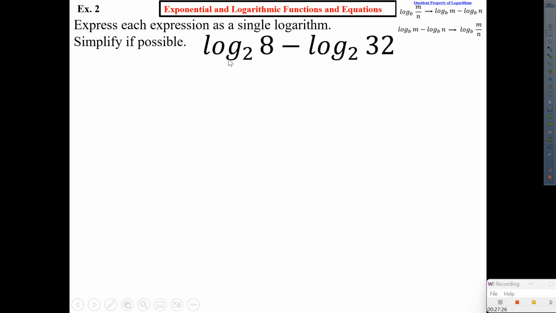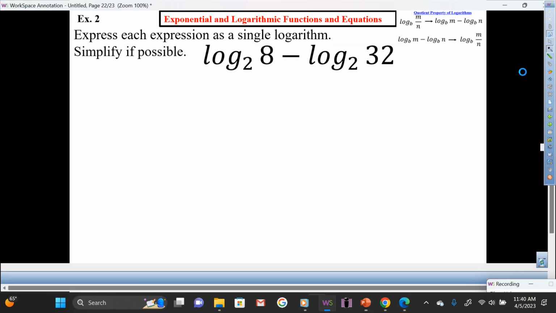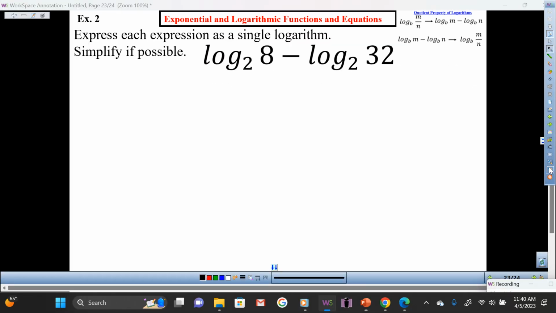Example 2 reads log base 2 of 8 minus log base 2 of 32. We'll do this one together. All right, tell your neighbor how to get started. Good conversation, man. You guys are so social.